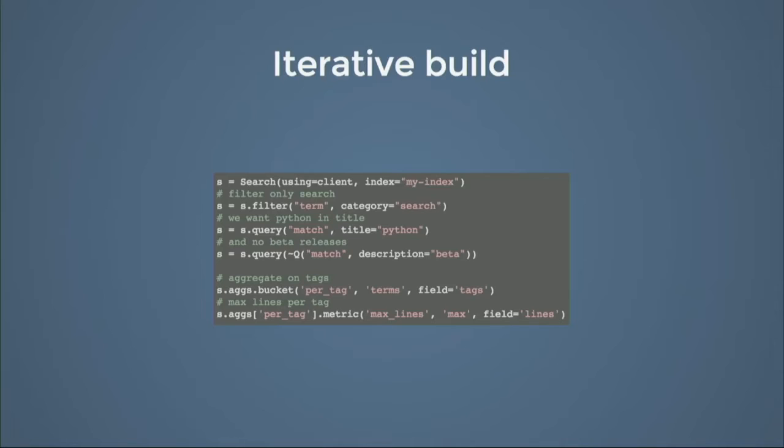I can just keep creating and keep adding to the search object and be happy with that. So iterative build, it's often something that's underappreciated because it allows you to not care about the state, which can be very hard.